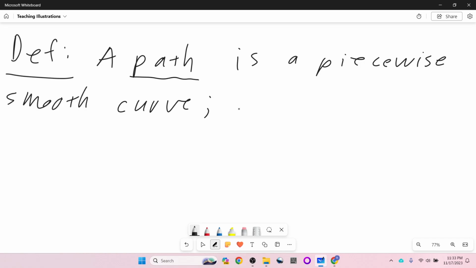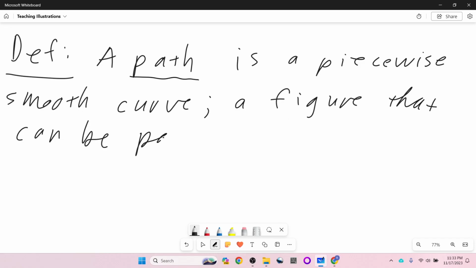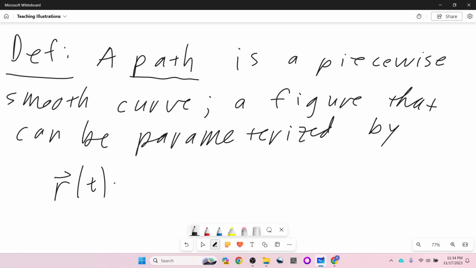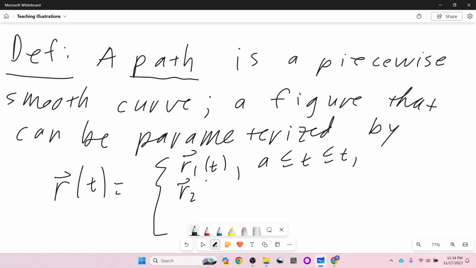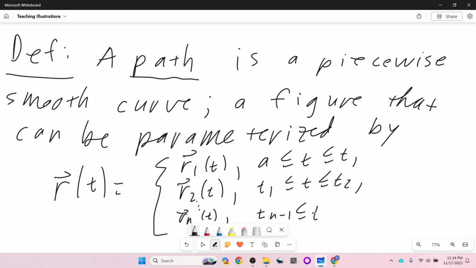It's a figure that can be parameterized by r of t, which is r1 of t, where t goes from a to some t1, r2 of t, where t goes from t1 to some t2, and so on down to rn of t, where t goes from tn minus 1 to b.